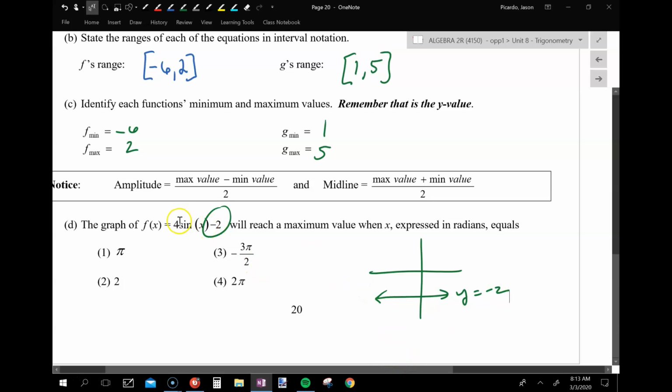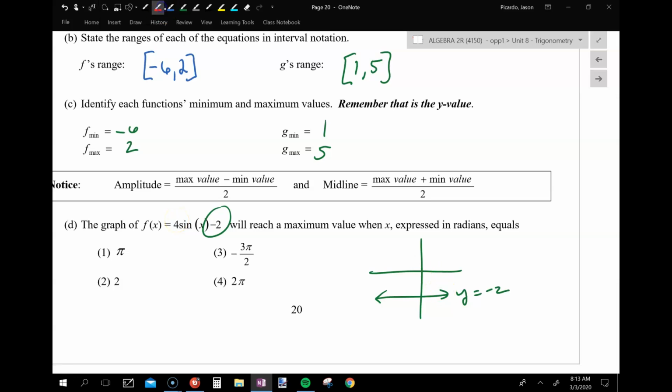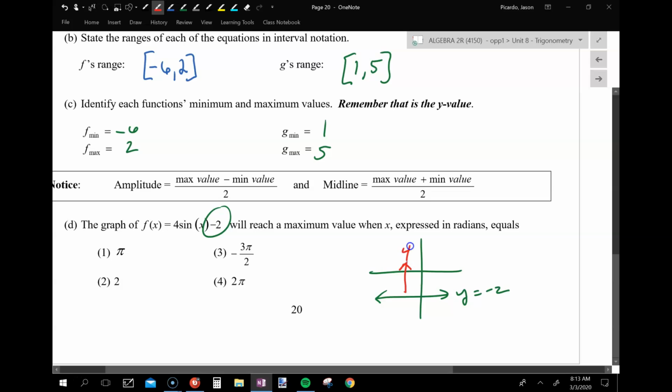I just know that it has an amplitude of 4, which means from this midline, I'm going to have points that go up 4 and points that go down 4. Everybody agree with that? So if this is -2, -2 plus 4 means that this curve is going to have a maximum at 2. -2 minus 4 means it's going to have a minimum at negative 6.